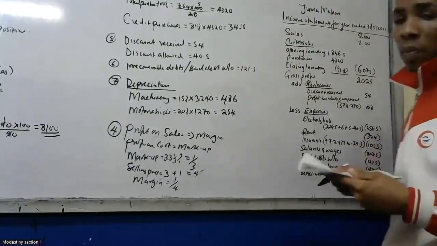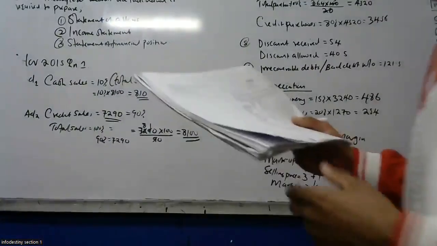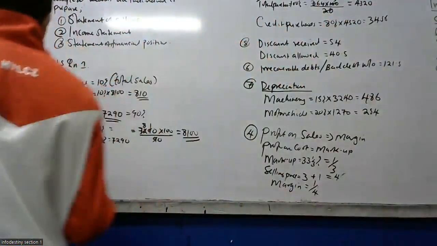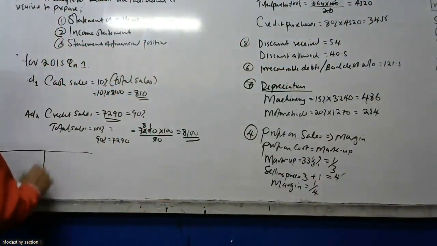So for the equipment, this is how we will see whether it is depreciated. Just draw a small equipment account.